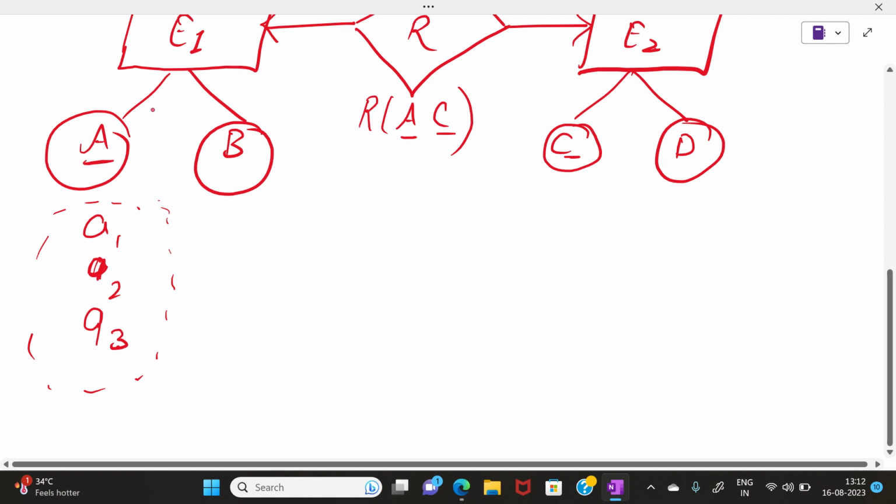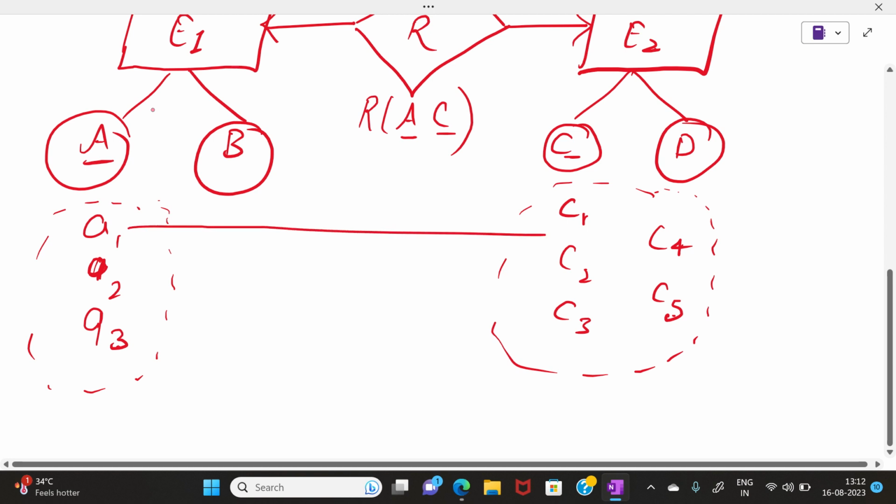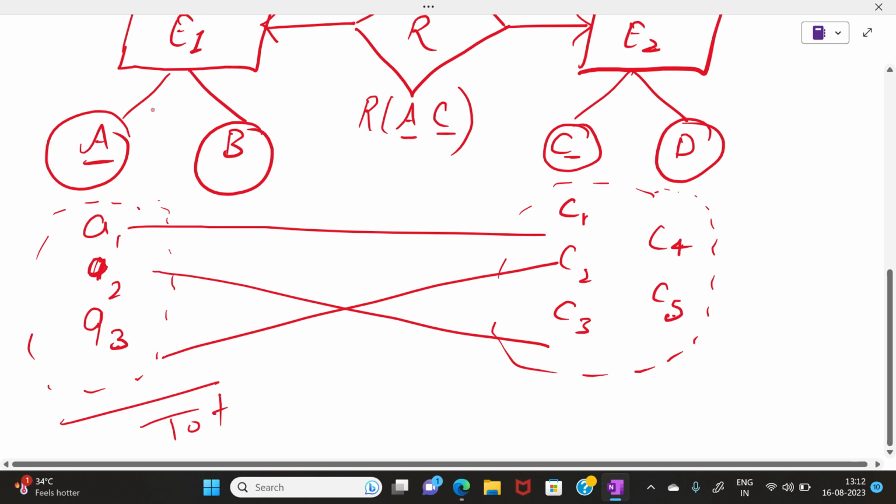For E2 similarly we have C1, C2, C3, C4 and C5, the values for the attribute C. A1 is related to C1, A2 is related to C3 and A3 is related to C2. So there it is a total participation.